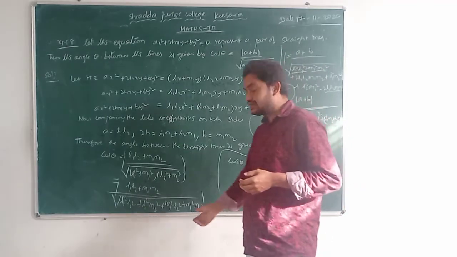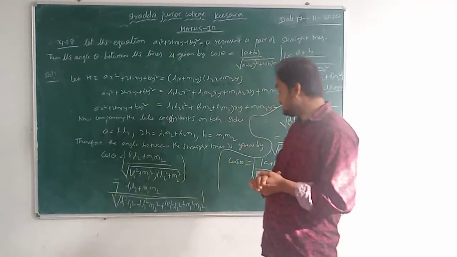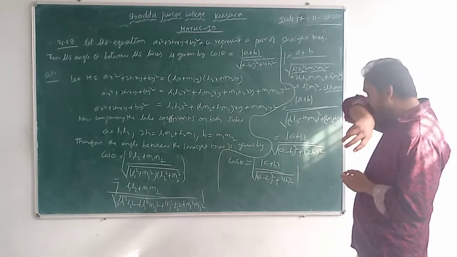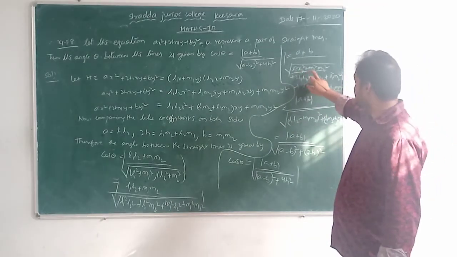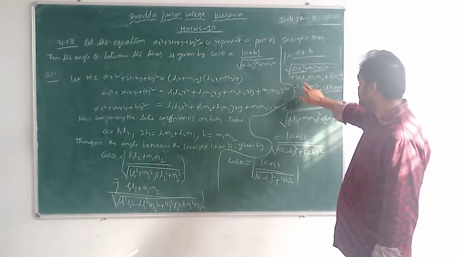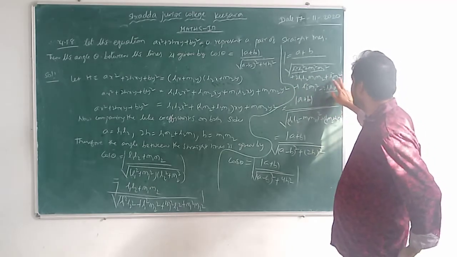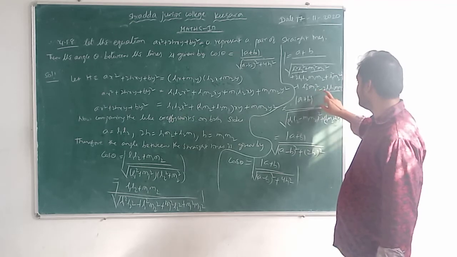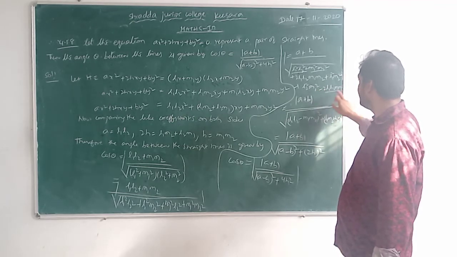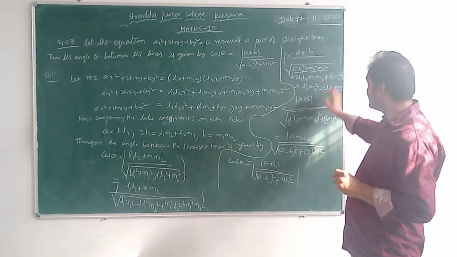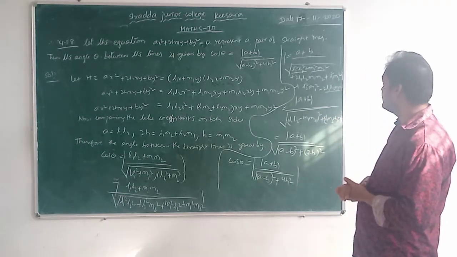Here in the denominator we are adding and subtracting 2L1 L2 M1 M2. So root of L1 square L2 square plus M1 square M2 square plus 2L1 L2 M1 M2 plus L1 square M2 square plus L2 square M1 square minus 2L1 L2 M1 M2.